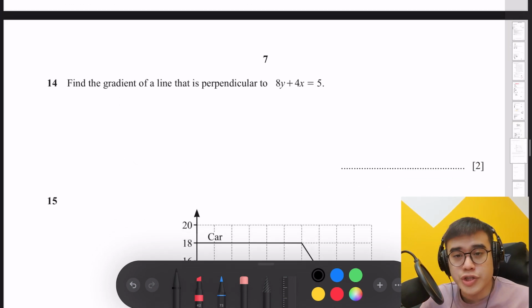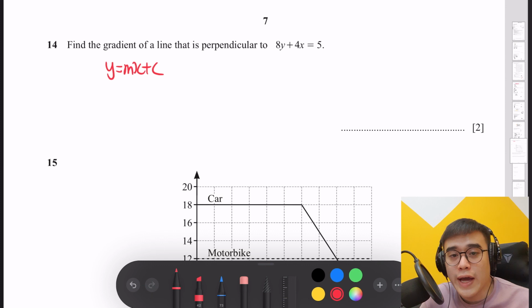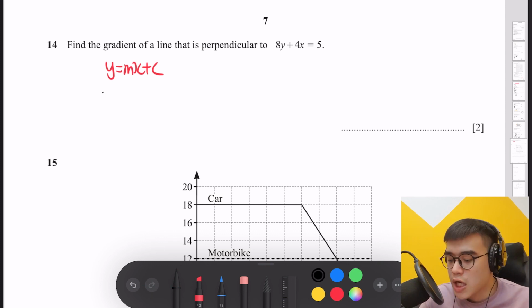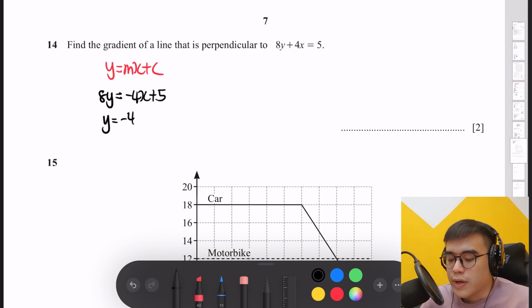Moving on to question 14. Here, find the gradient of the perpendicular line. First, I have to make some adjustments to the 8y plus 4x equals 5 given to us. I first shift the x away, I get -4x plus 5. Get rid of the 8, you will get -4/8 here.